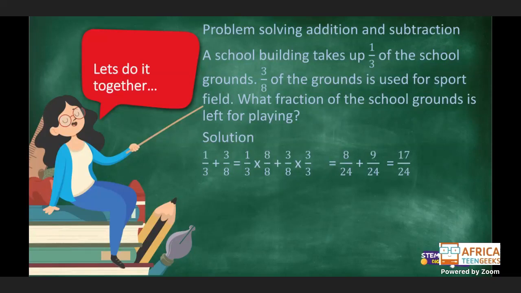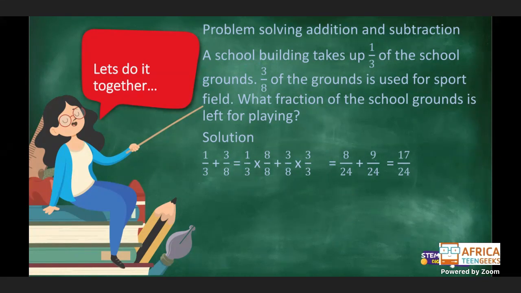So the building has taken up space and the sport field has taken up space. Now we must find the fraction of the remaining space. So in this case, you will add your fractions. When you add your fractions, we know what to do, right?